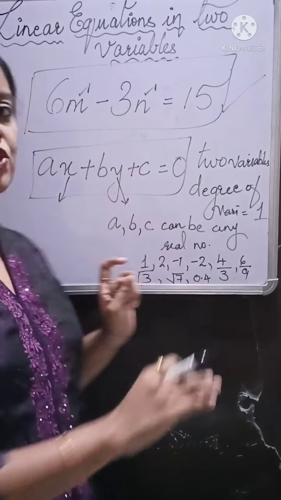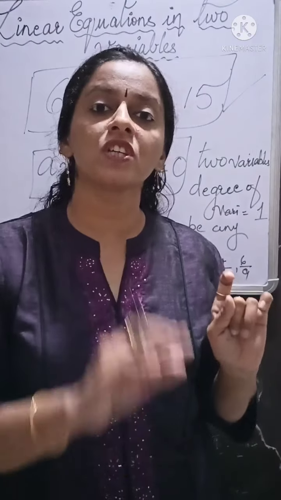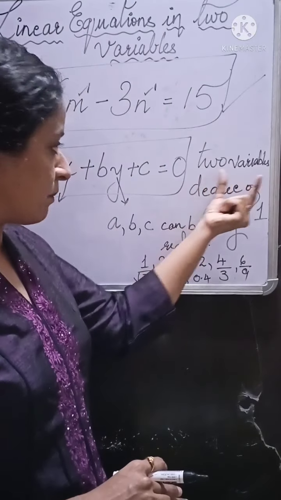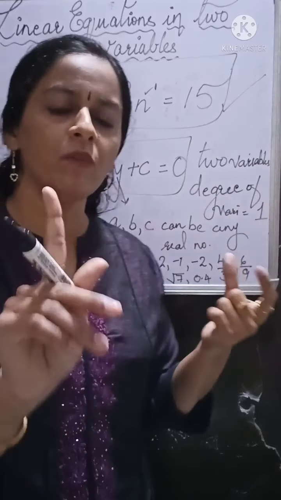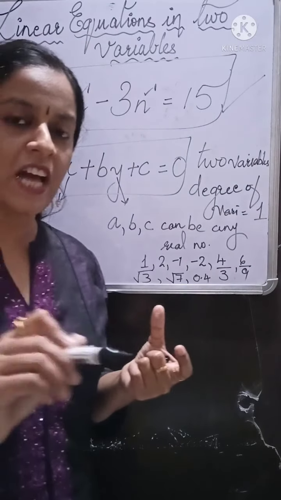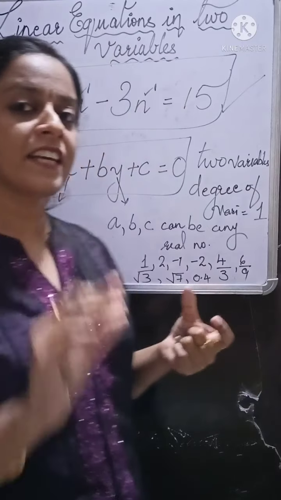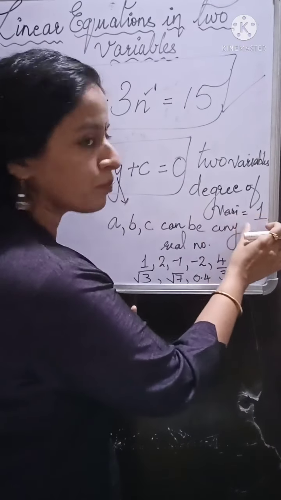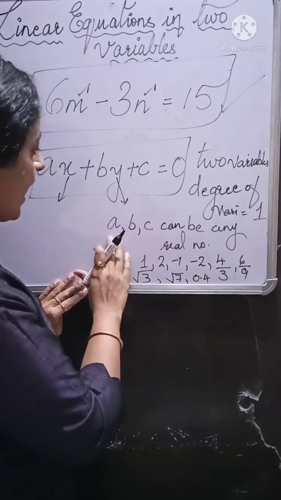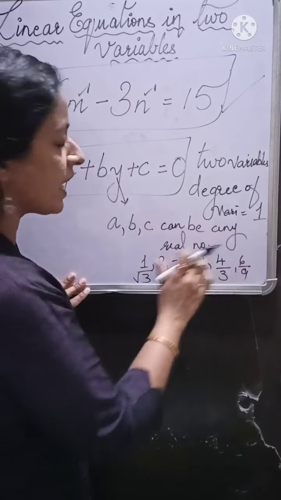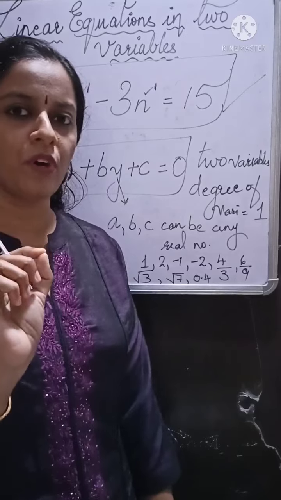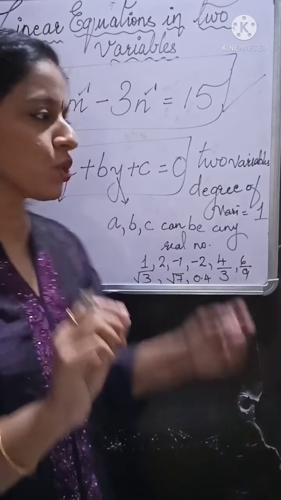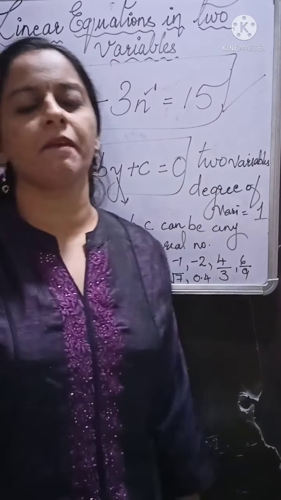What are linear equations in two variables? Equations which have two variables, and the degree of each variable should be 1, where a, b, c can be any real number. And one small thing more: a, b, c should not be 0 at the same time.